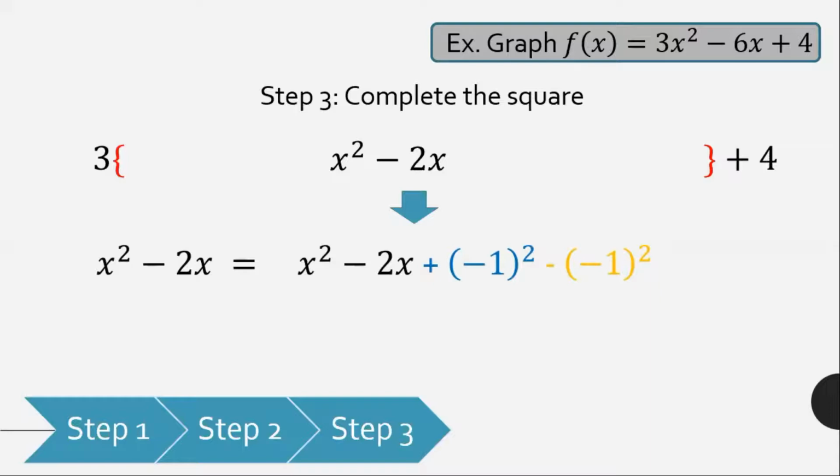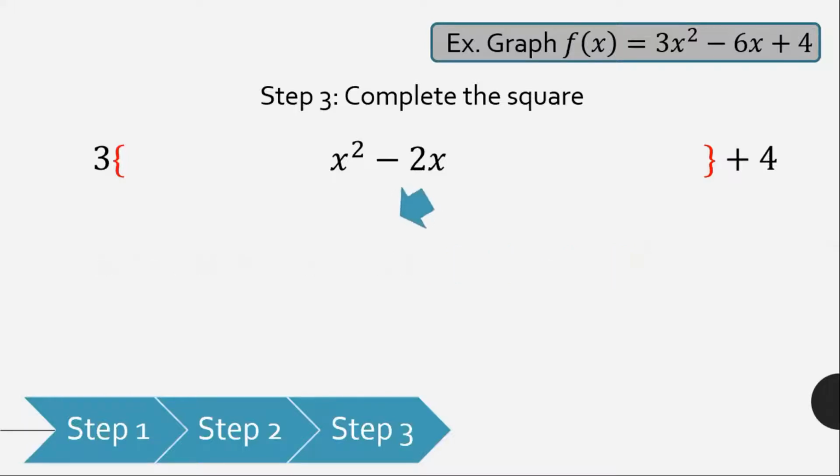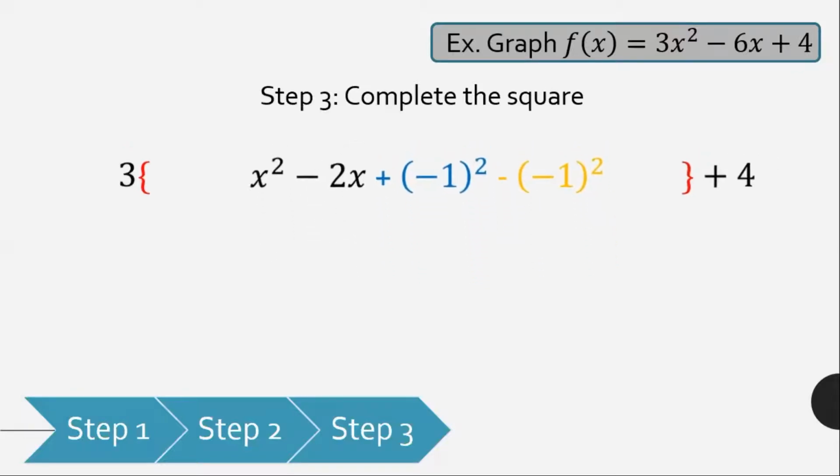You'll note that those two would cancel out, so now we're not changing the value of x squared minus 2x. So I will replace the x squared minus 2x with x squared minus 2x plus the negative 1 squared minus the negative 1 squared. Let's clean things up just a little bit.